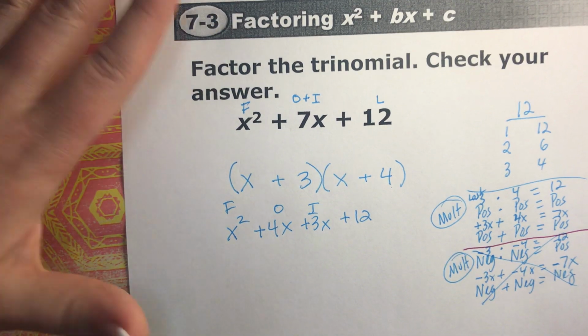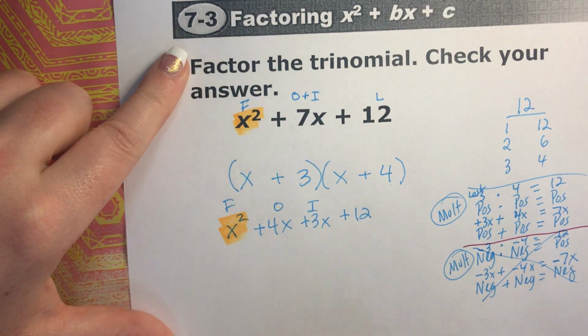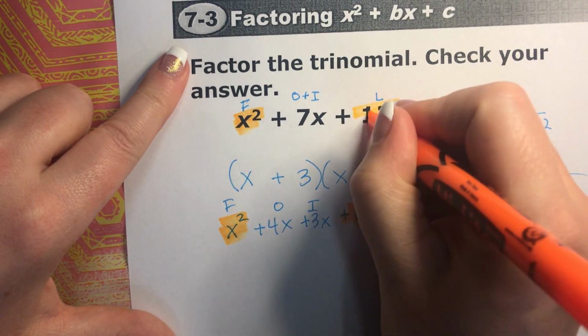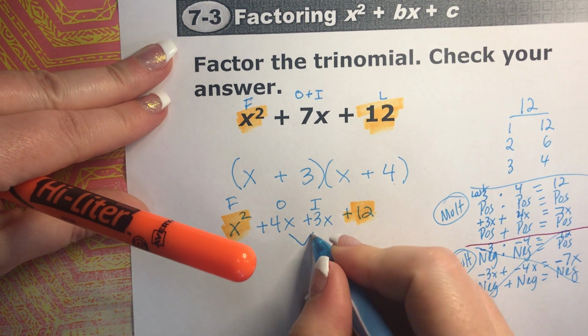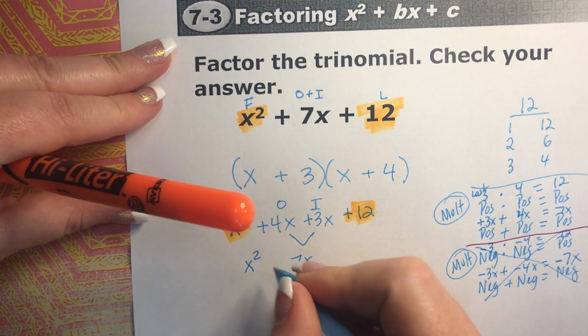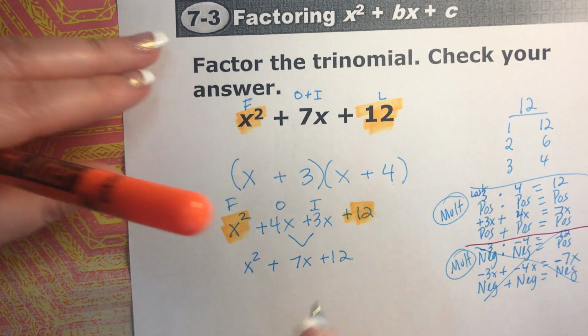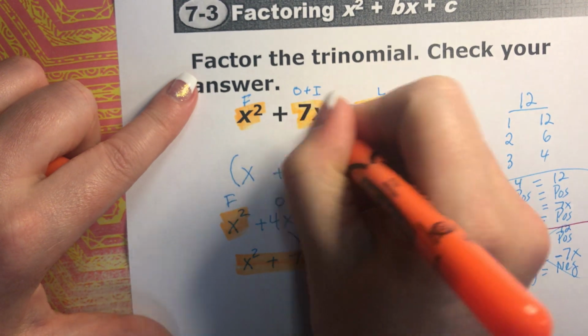Okay, so you can see here I have my first, that's perfect. I have my last, that's perfect, it's positive. And then lastly, we just go 4x plus 3x, which is my 7x, right? And I have the same exact thing, so I know that I did it all correctly.